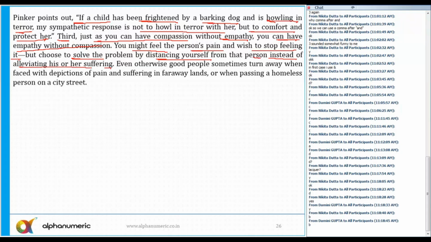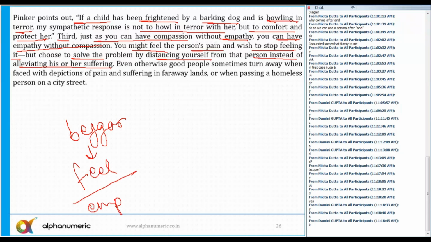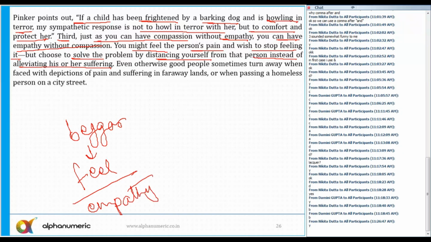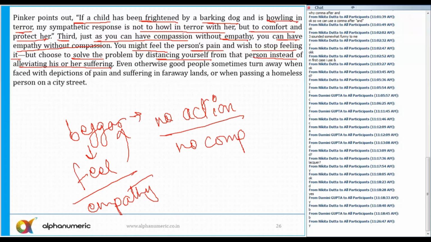For example, when you come across a beggar, you actually feel the pain of the beggar. If you feel it, that is empathy. You feel that life is terrible, but you take no action. You don't help. So there is no compassion.